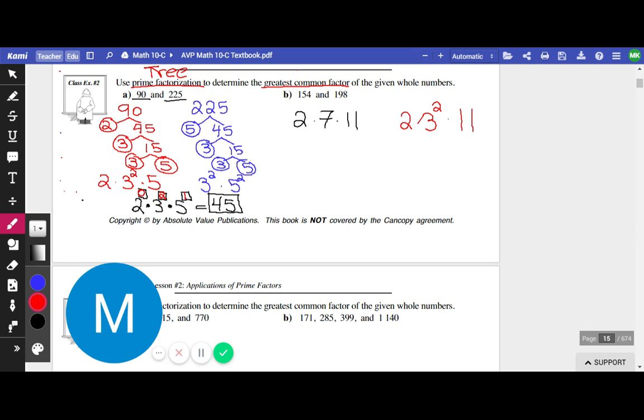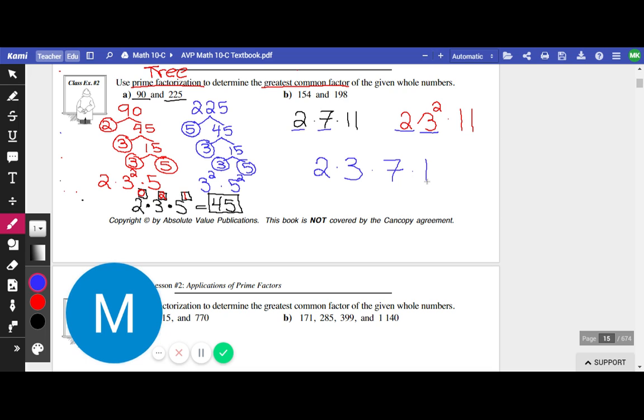That's freaky. Anyways, to figure out the GCF, you have to figure out which numbers you used in your prime factorization. Looking at my prime factorization, I used the number 2. Right? I used the number 3. I used the number 7.